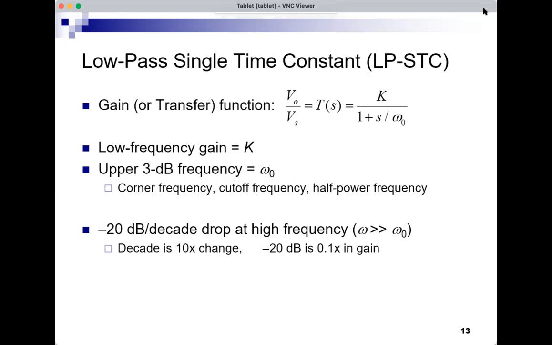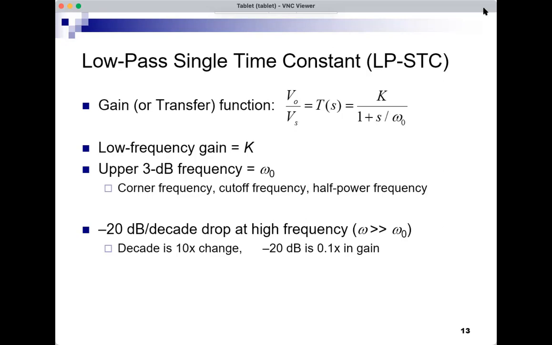So from 5 to 50, this is a decade in frequency. And because this range of frequencies is larger or much larger than omega 0, the gain will drop by a factor of 10. So it will go down from, say, 80 to 8. This is the meaning of -20 dB per decade.